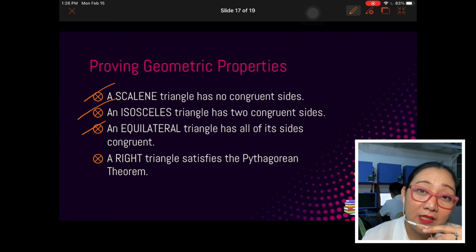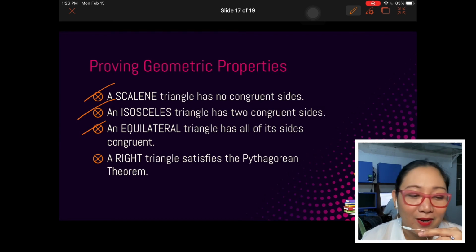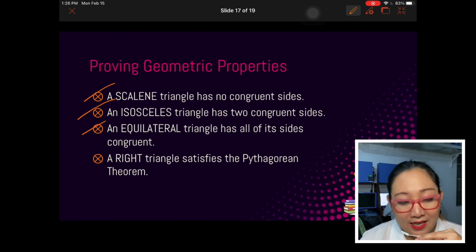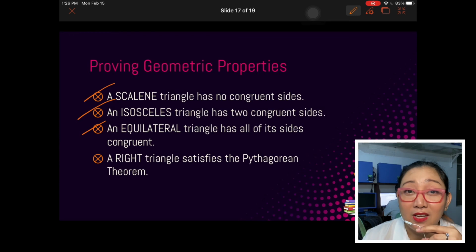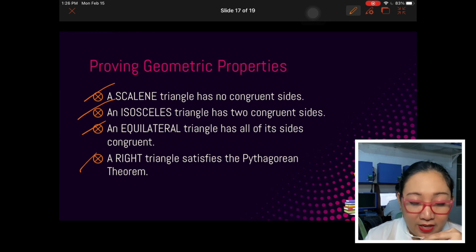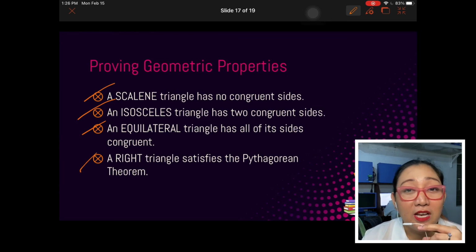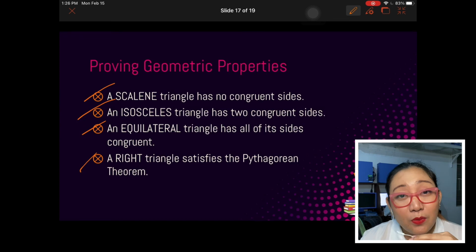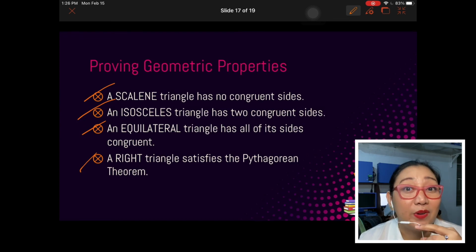Kung may one pair ka of congruent sides, then you have isosceles triangle. Kung wala at all na magkamukha, then it is a scalene triangle. Paano naman kung right triangle? Mapapatunayan nyo siya if it satisfies your Pythagorean theorem. Ibig sabihin, it should satisfy yung ating a squared plus b squared equals c squared.